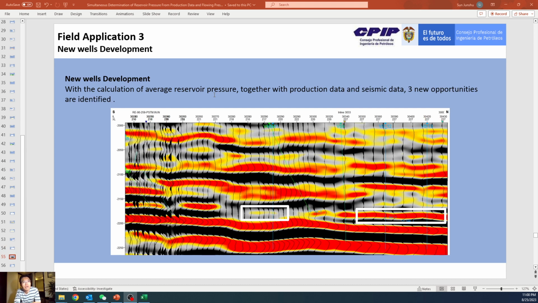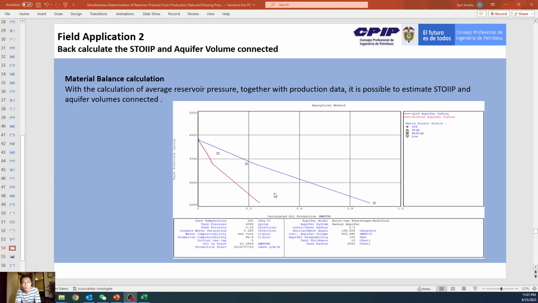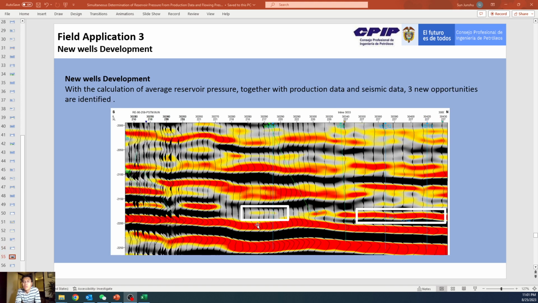Field application 3. New wells development. With the calculation of average reservoir pressure together with the production data and seismic data, also with the result of the STOIP calculation, 3 new opportunities are identified.